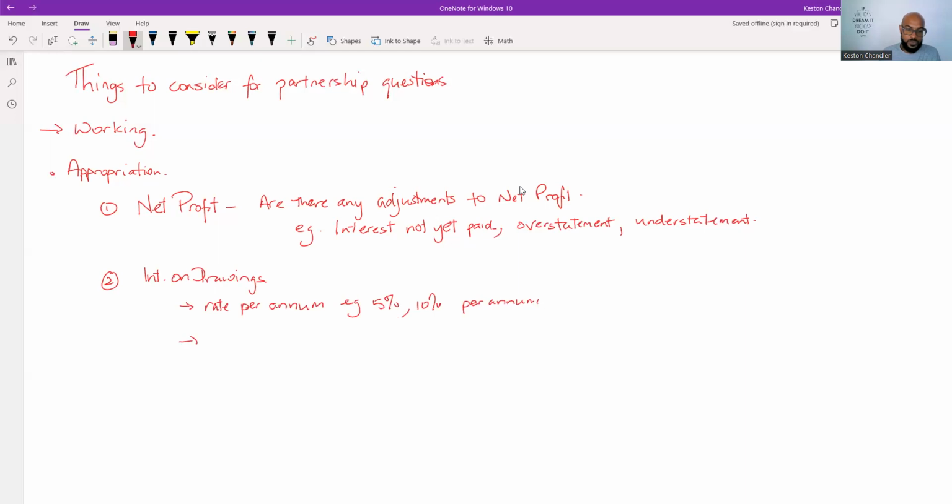Here we could also look at the date when drawings were made. In this question, let's say we have $5,000 drawings made 31st of March 2009.